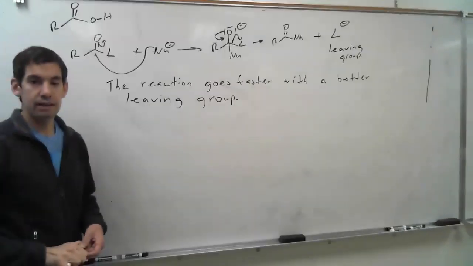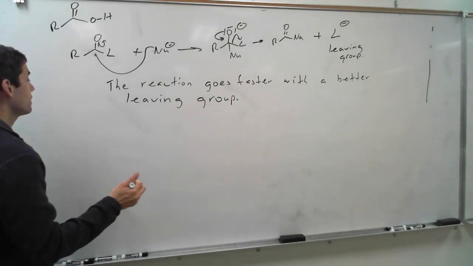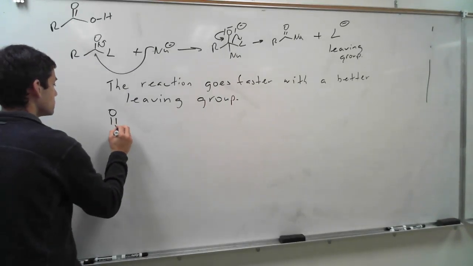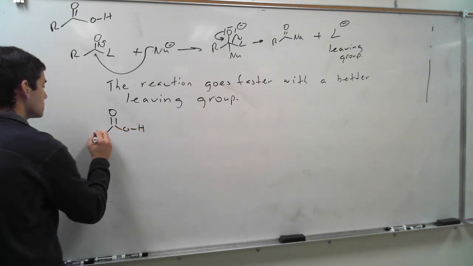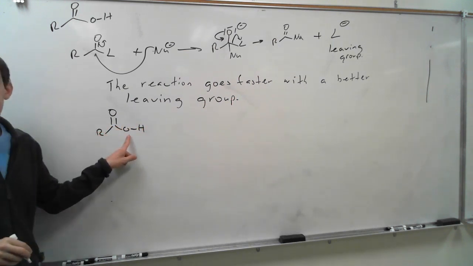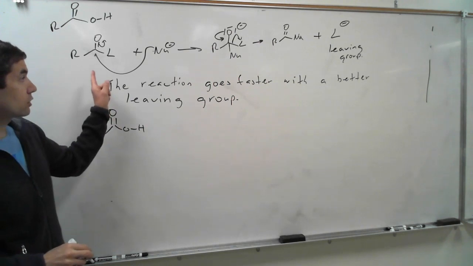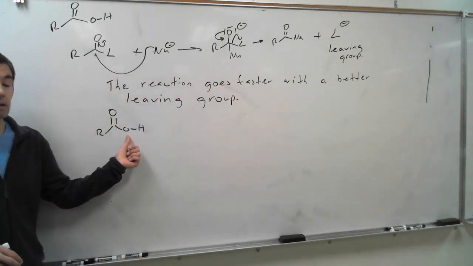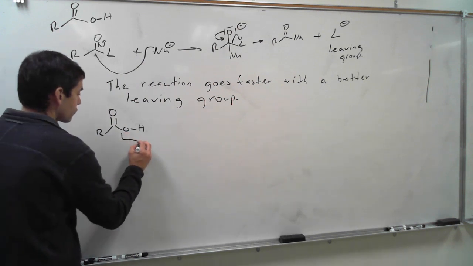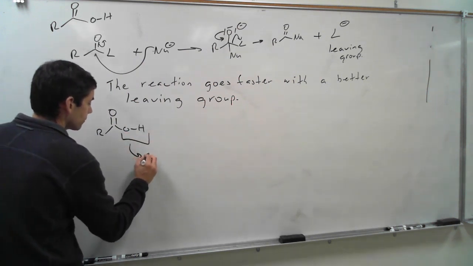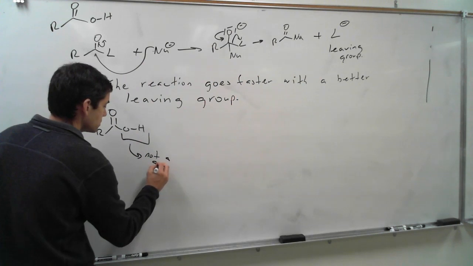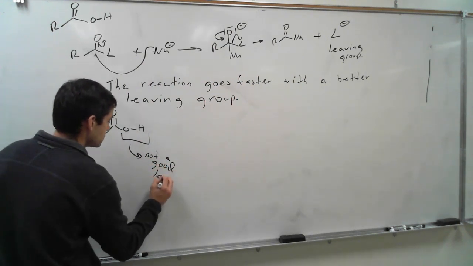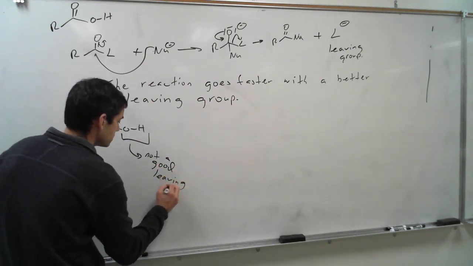So our question is then, if we look at our carboxylic acid, is the OH a good leaving group? Is this reaction going to go quickly if we have an OH group here? We've seen OH groups before.